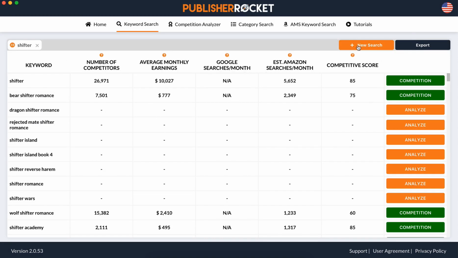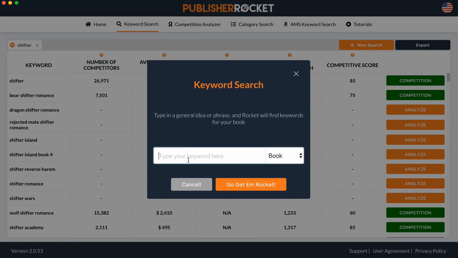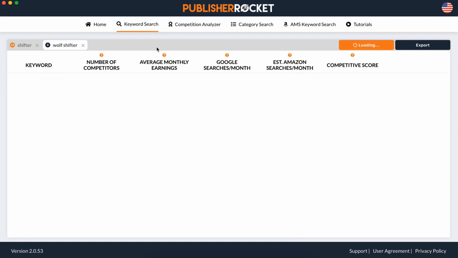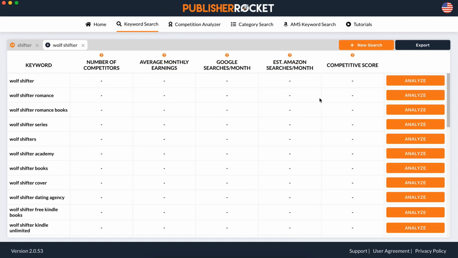You can also go to, let's try Wolf Shifter specifically. There we go. Now you can get more detailed, and you want to probably play around with this so you get different terms, but I would highly recommend using this to find some categories for your book and to find some keywords.